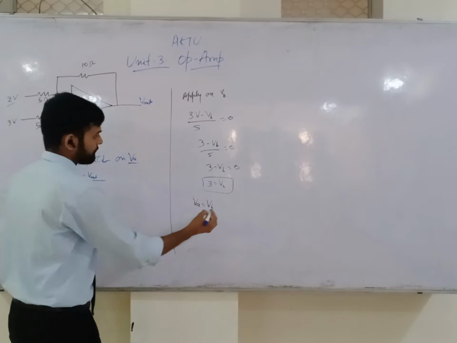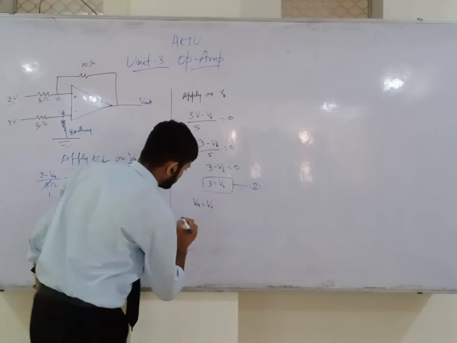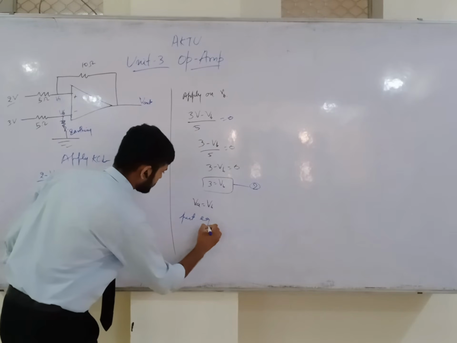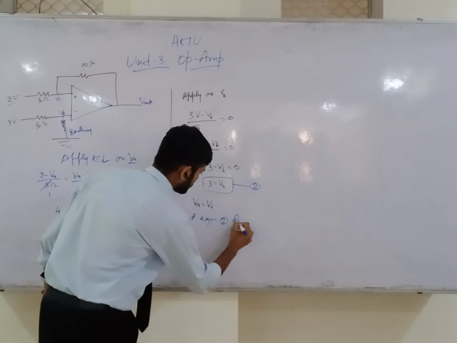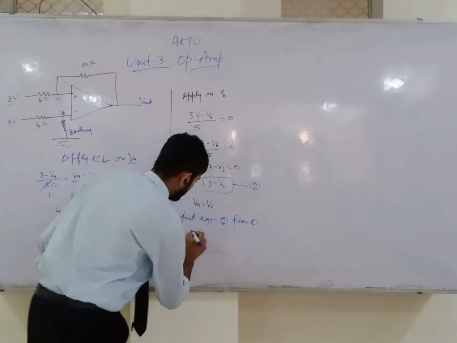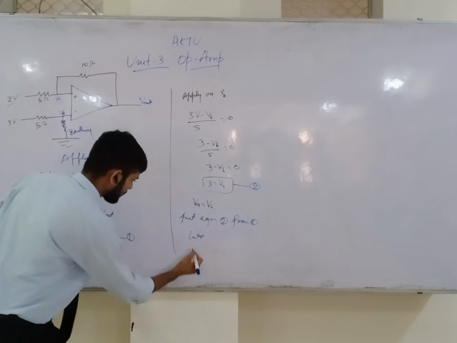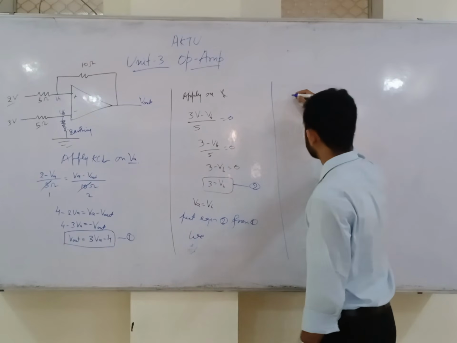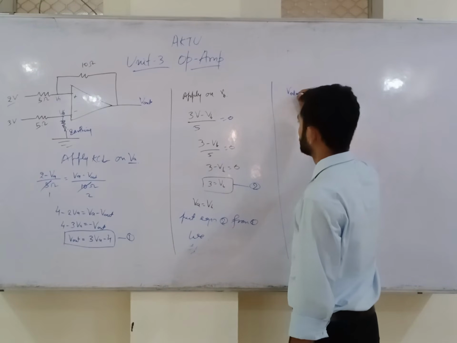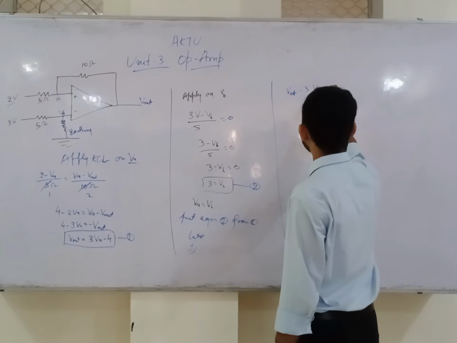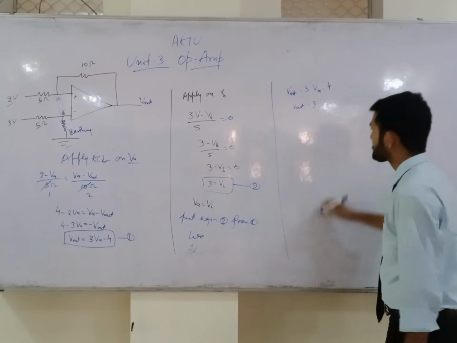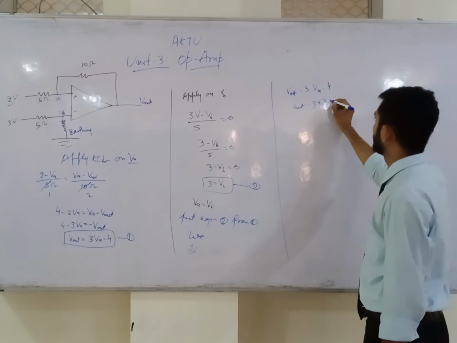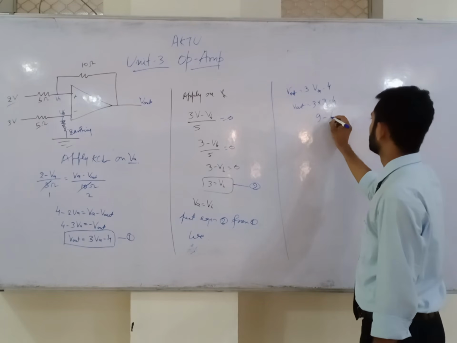So put this in equation 1 and we get V output is equal to 3VA minus 4, which is 3 into 3 minus 4, 9 minus 4.